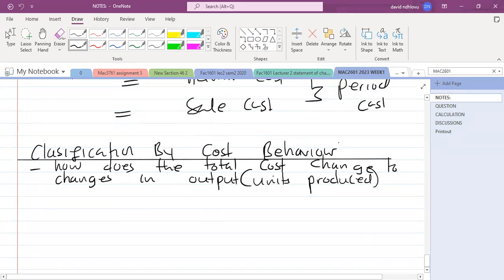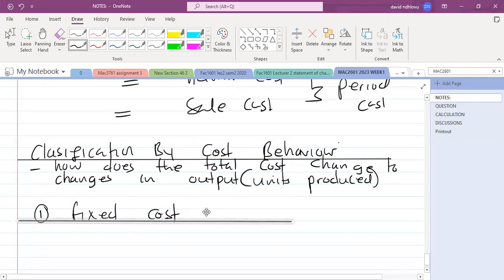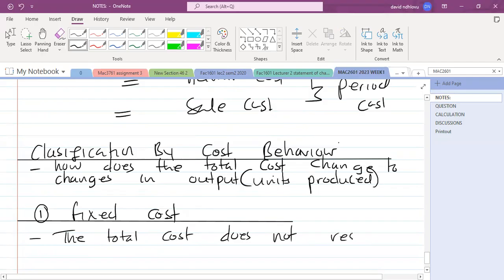When we deal with this, we identify, number one, what is called a fixed cost. When it comes to a fixed cost, we are saying the total cost does not respond to changes in output. Does not respond to changes in what?